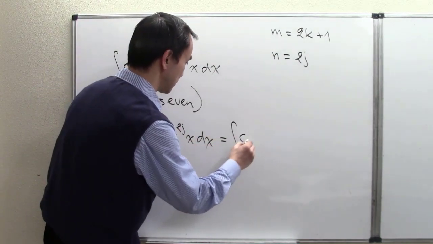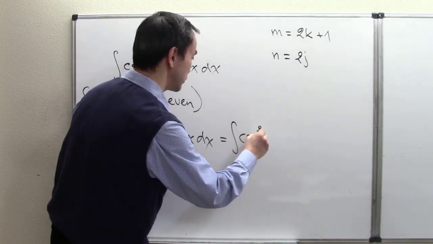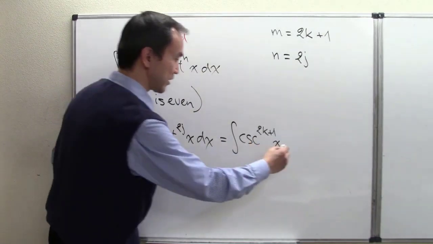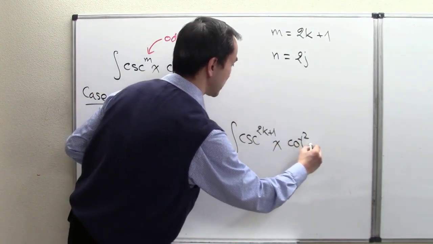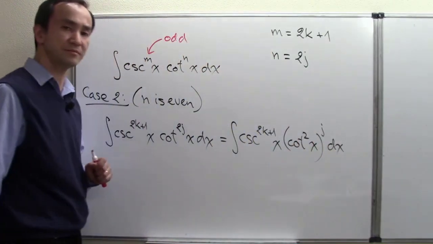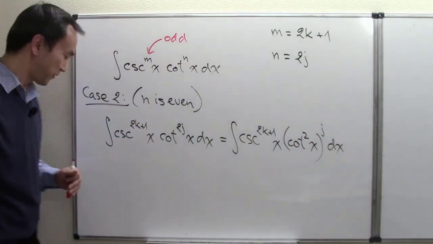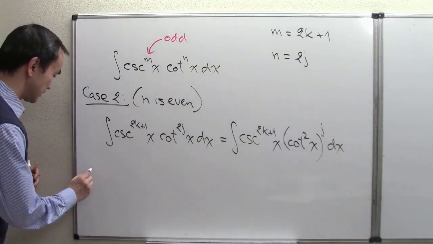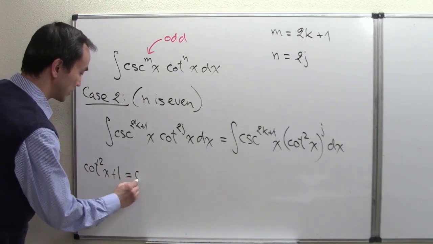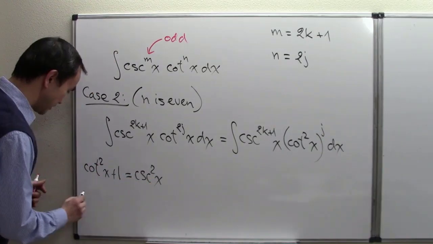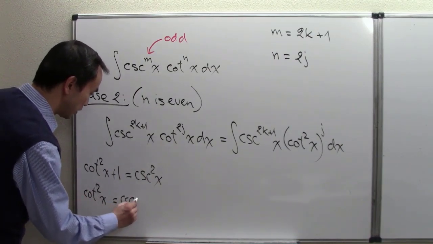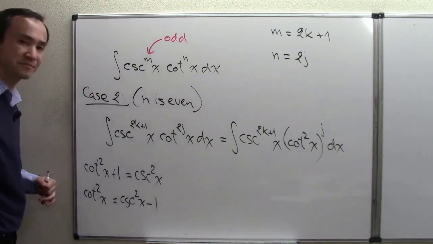So I have cosecant to the 2k plus 1 of x, times cotangent squared of x, raised to the power j, dx. Again from trigonometry, we know that cotangent squared of x plus 1 equals cosecant squared of x. And so cotangent squared of x equals cosecant squared of x minus 1.